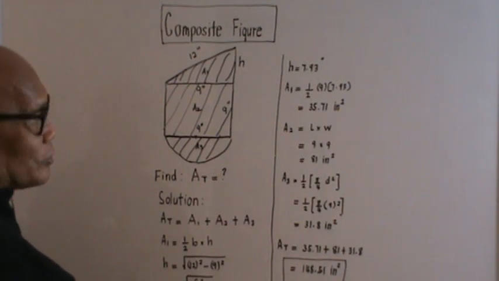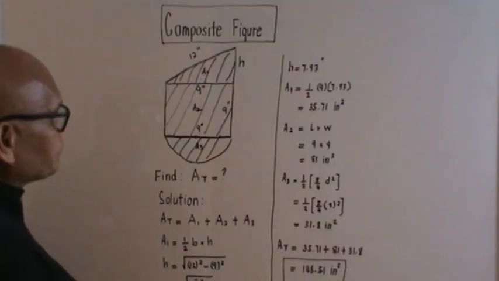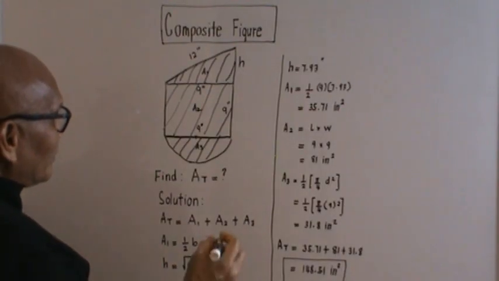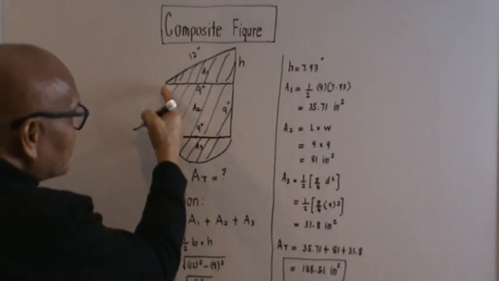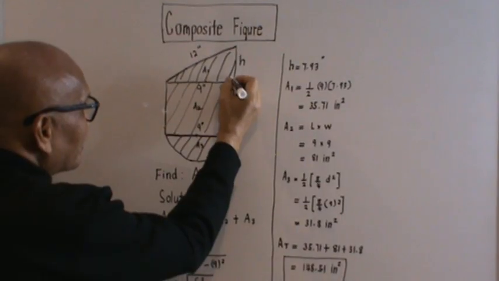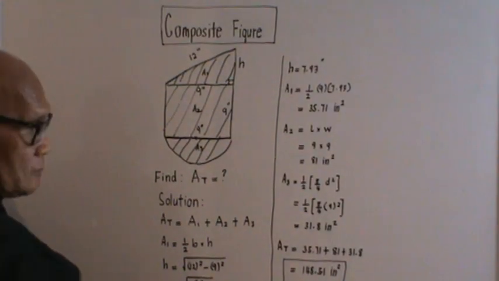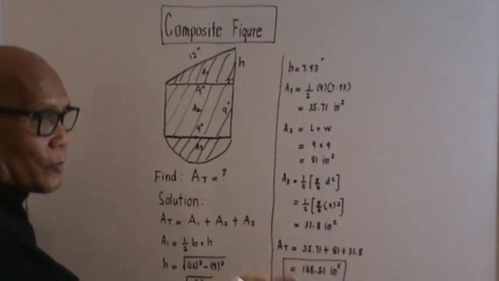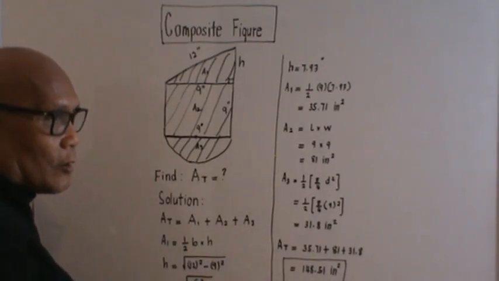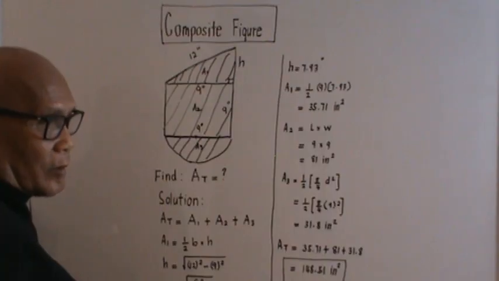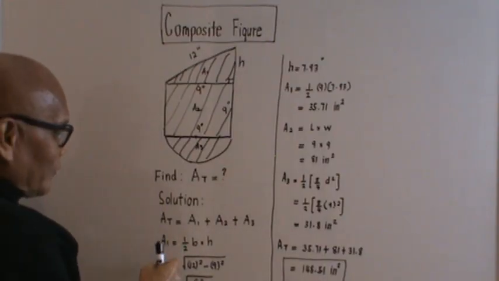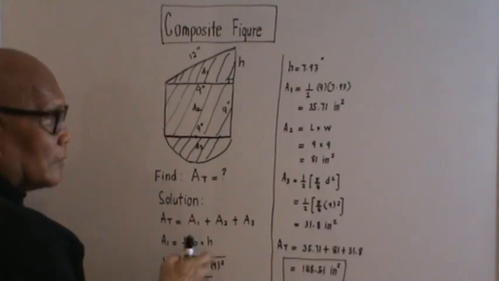Okay, let's start with area number 1. Since this is a right triangle, this should be the right angle here. If we recall the formula for the area of a right triangle, or any triangle for that matter, it is 1/2 of the base times height.